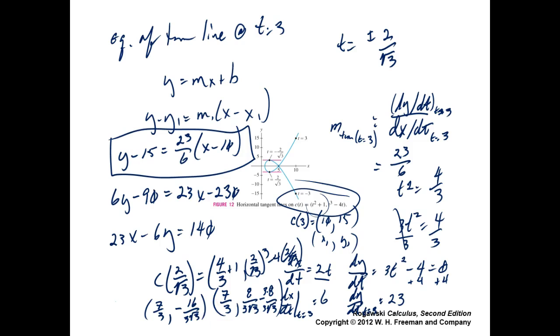Okay. So that's when t is equal to positive 2 over root 3. So that would be this point right down here.